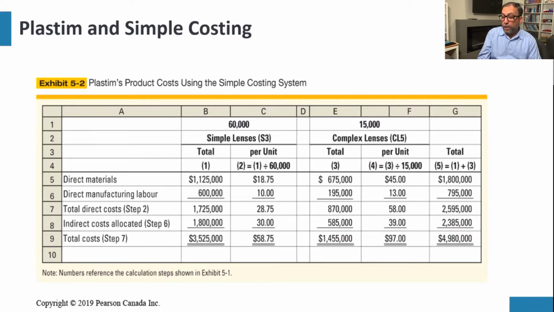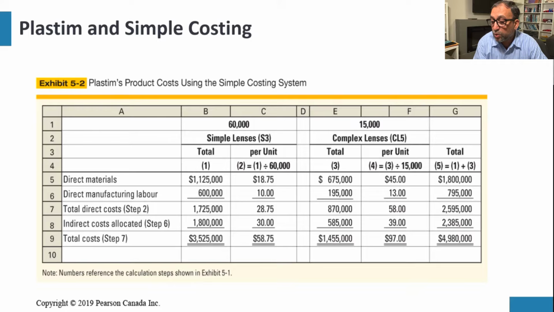What we are trying to explain here is the standard or traditional allocation of indirect cost towards the product. This is a traditional method of allocating, and we see here that 1.8 million is allocated towards the simple lens and 585,000 towards the complex lens.